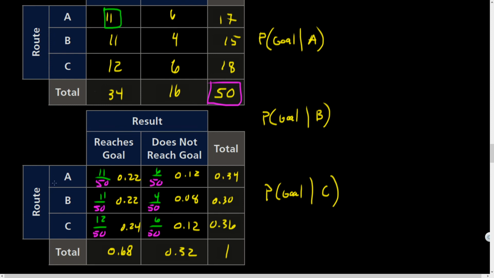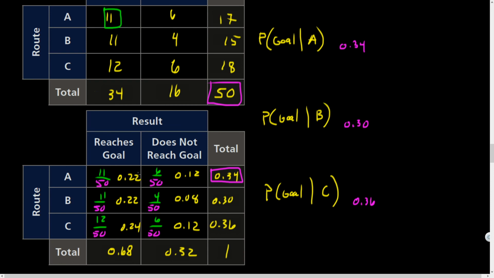Okay, so I'm working by rows here. So my denominator here is going to be 0.34. My denominator here would be 0.30 and 0.36. Because I don't want to just figure out what's the probability he reached his goal. I want it based on which route, given he chose a particular route.